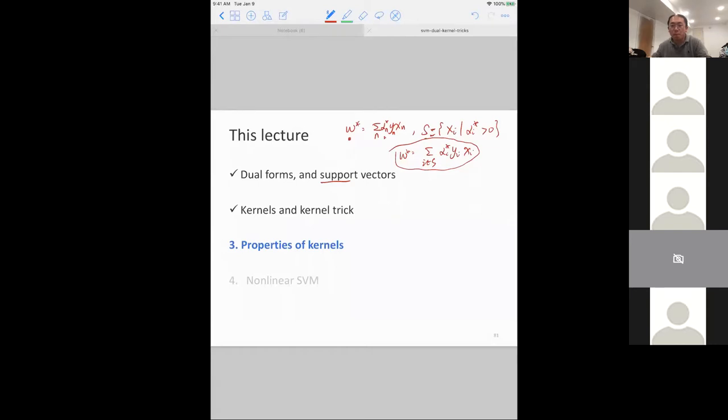We want to use inner product in the first space, not in the feature mapping space in a higher dimension.